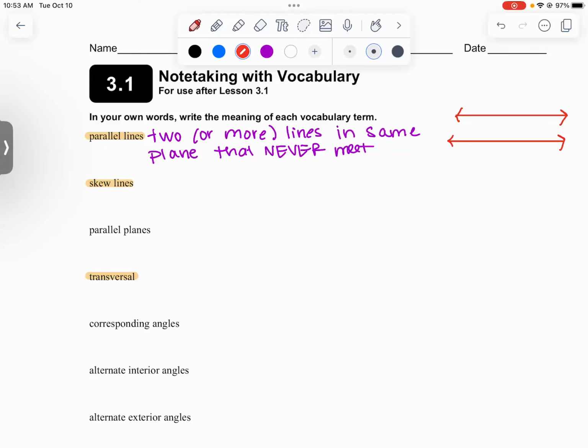Okay. Now, when we have two lines that are parallel, we can't assume that they're parallel. There will be a marking to show us that they're parallel. These little arrows will say, hey, these are parallel.